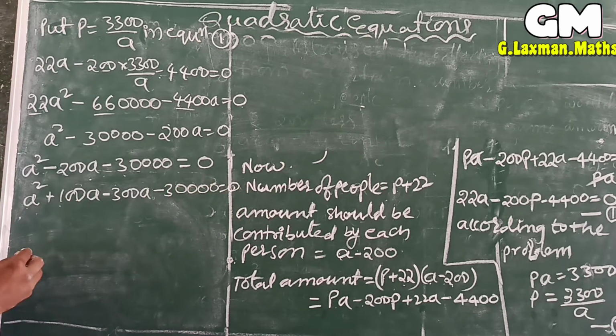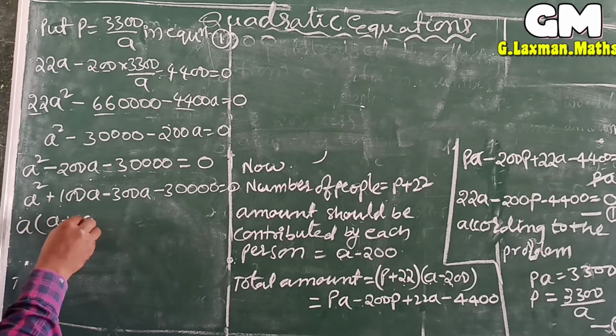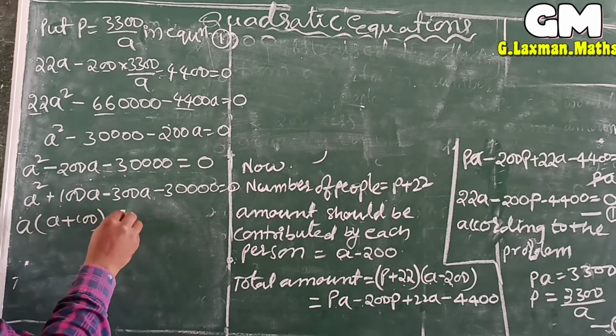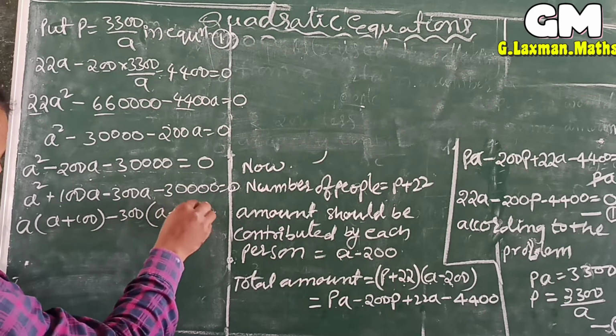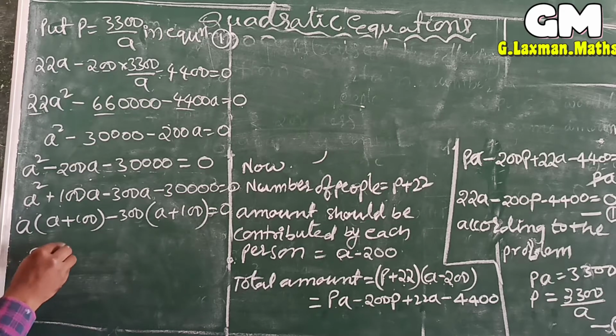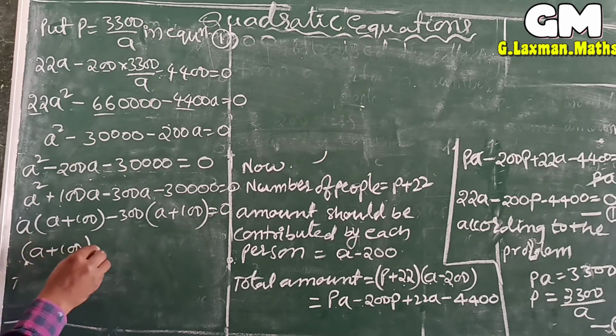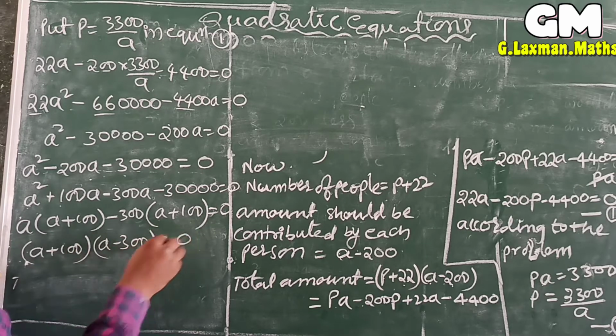In this, we take A as common, A plus 100. Then minus 300 as common, then A plus 100. So A plus 100 into A minus 300 is equal to 0.